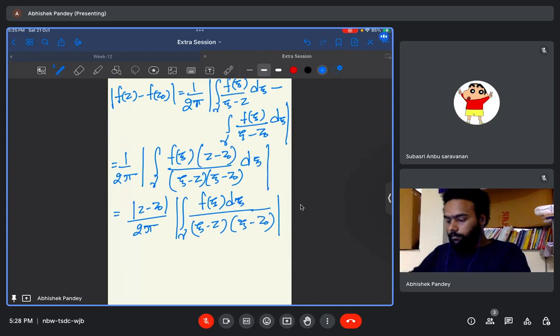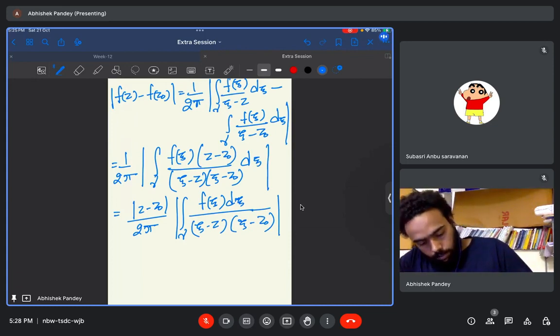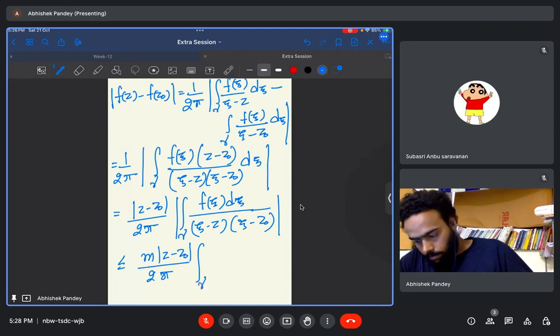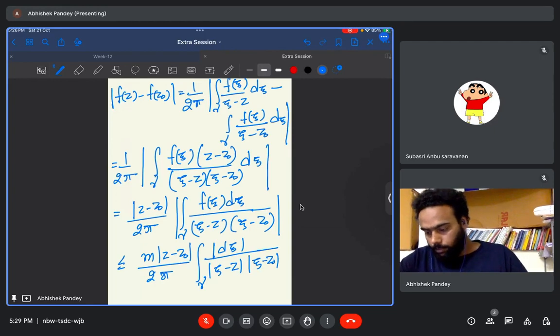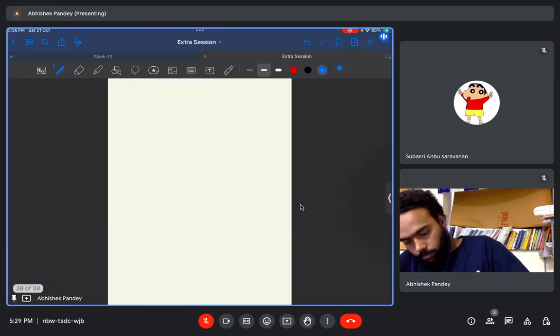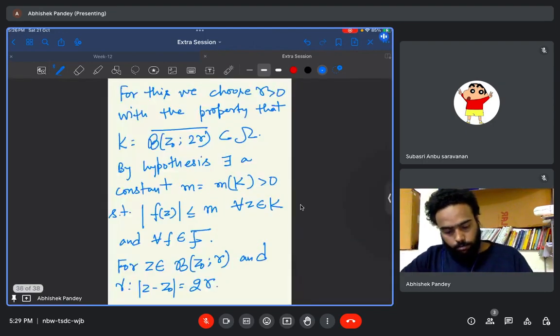Okay, so now this is less than or equal to M into |z minus z naught| upon 2 pi, integral over gamma of mod d xi upon mod (xi minus z) into mod (xi minus z naught). Okay, so now xi minus z naught. z naught is in this ball, and xi is on this curve gamma.